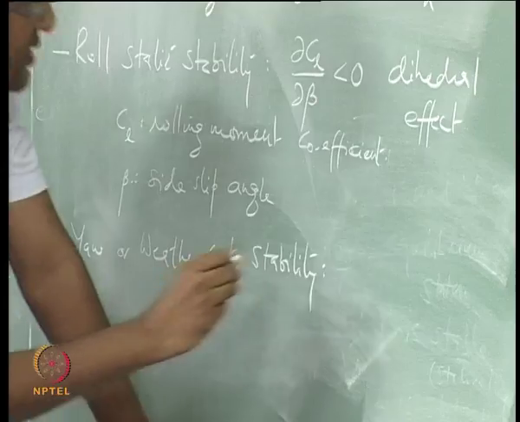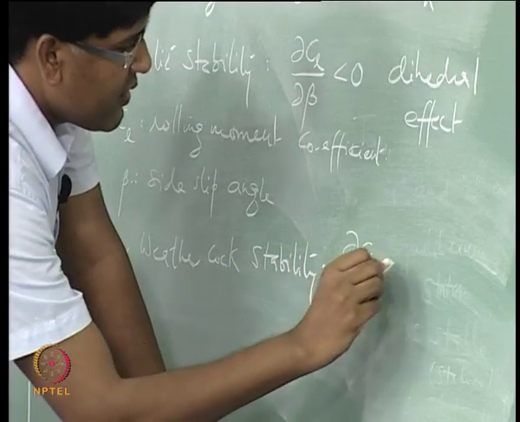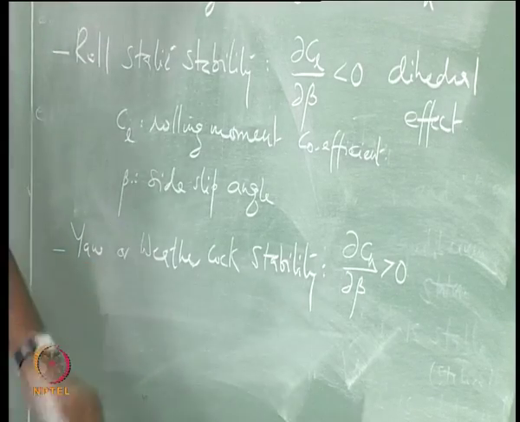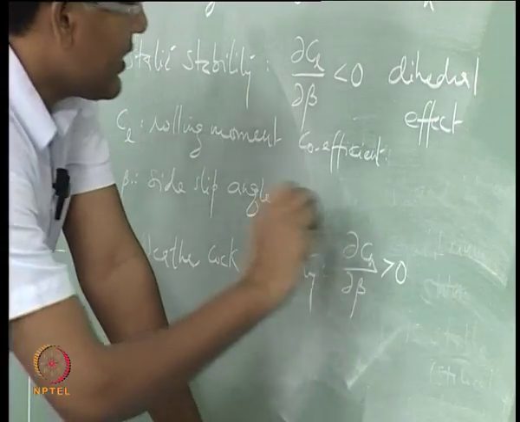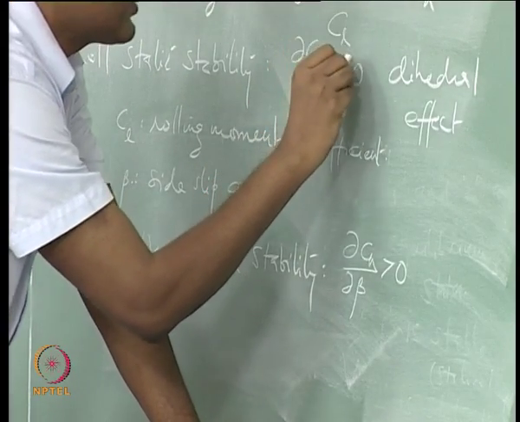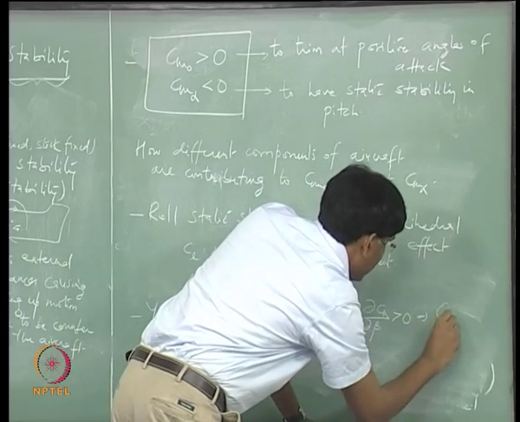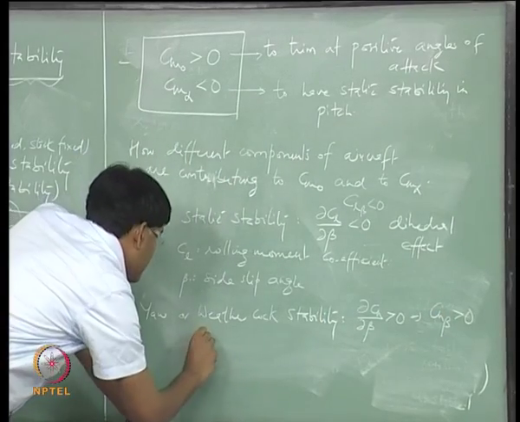And the criterion for this is that del Cn over del beta should have a positive sign. So, this derivative is also written as Cn beta. Cn here is the yawing moment.